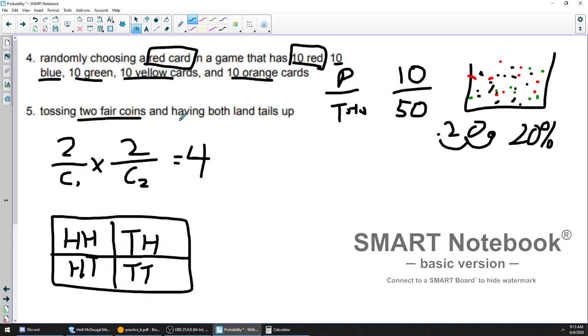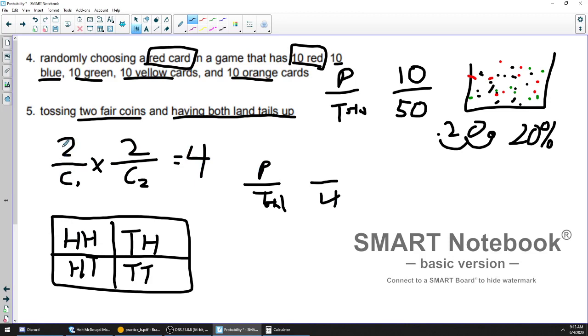What are my chances of having both land tails up? If you look at this, how many squares are there? So just like before, what's my probability over my total? My total is 4 because there's 4 different outcomes.